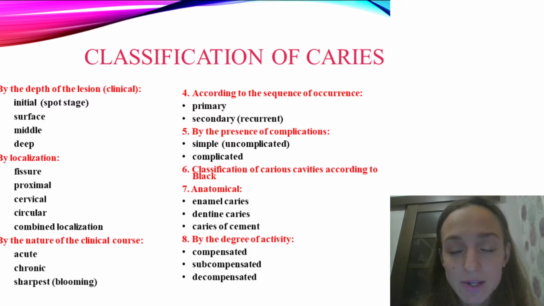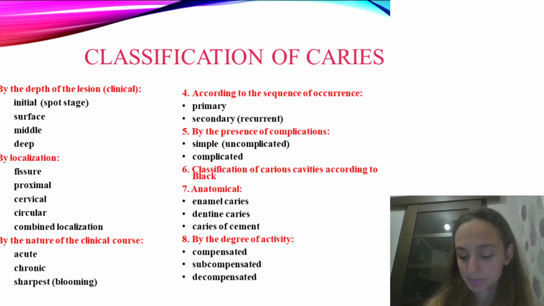Then Black's classification, you should know this classification. Next one, it is anatomical: enamel caries, dentine caries, and caries of cement. And by the degree of activity it can be compensated, subcompensated, and decompensated.